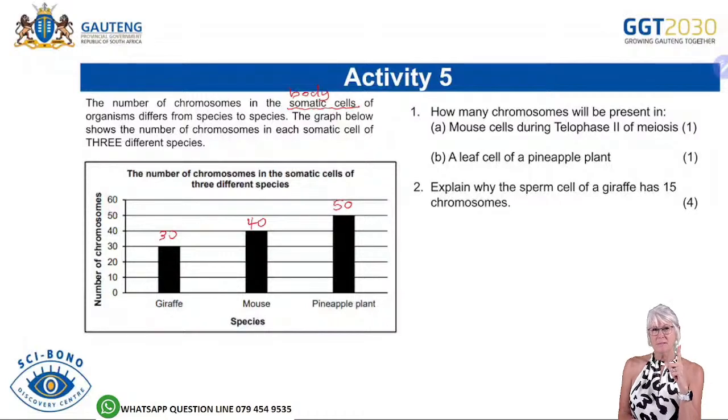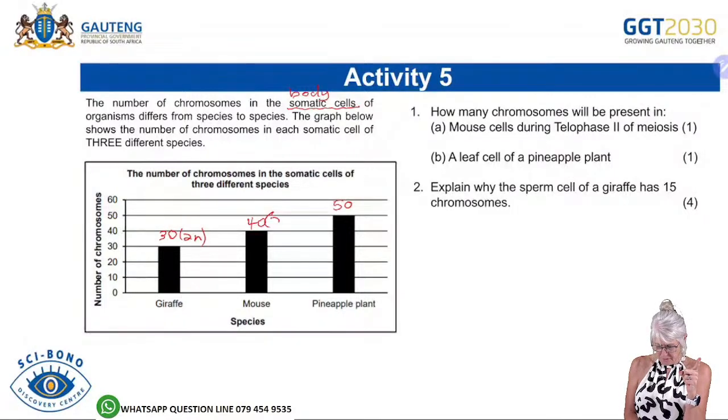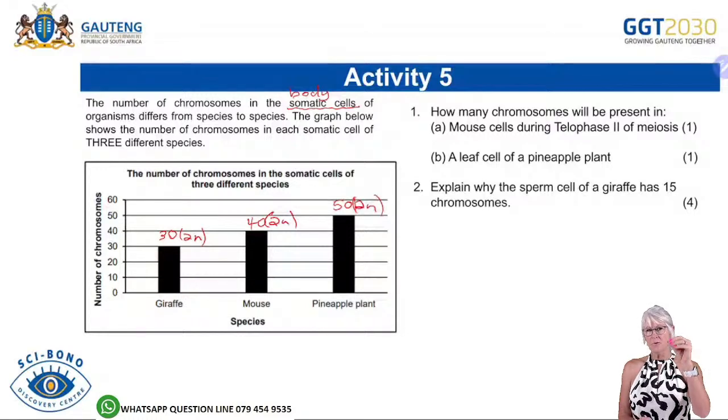But remember, they said it was a diploid cell, so this is 2n, and so is that, and so is that. The minute they ask us for the number of chromosomes in a gamete, we need to halve the number, because remember, that's what meiosis does. It halves the number of chromosomes.